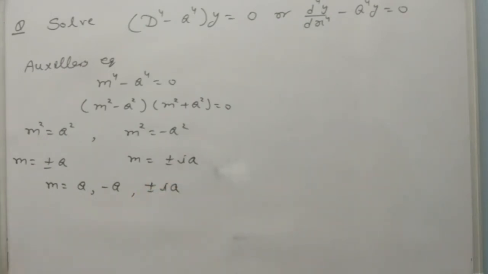As you can see here, the first two roots are real and different, but the third root is a complex pair.